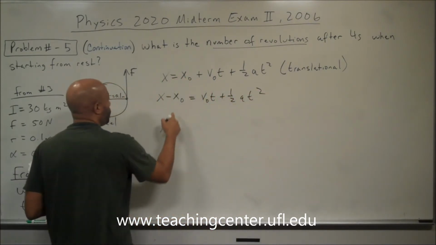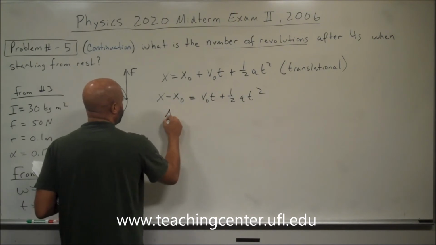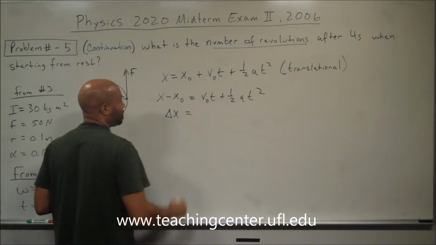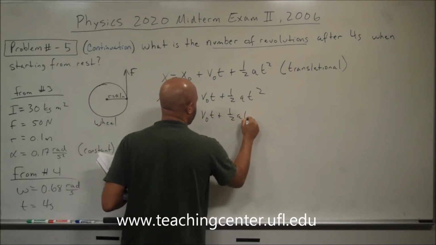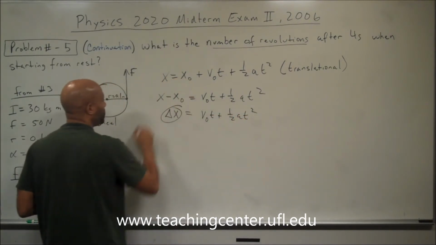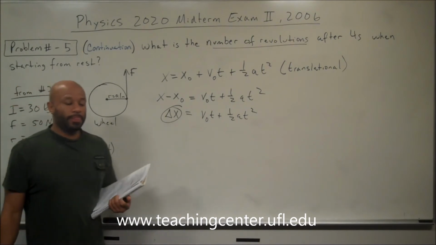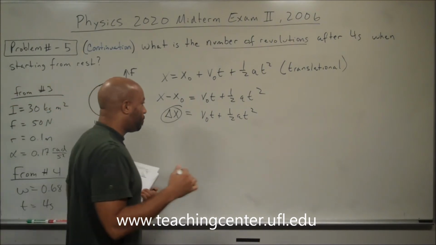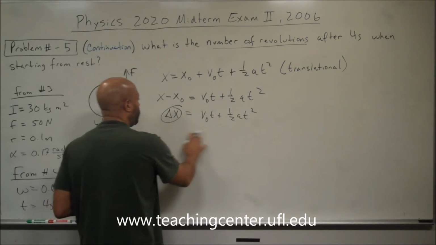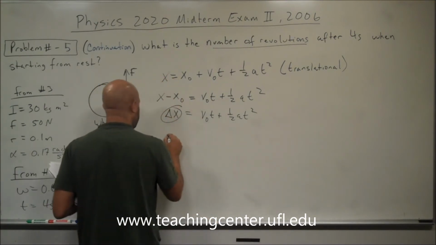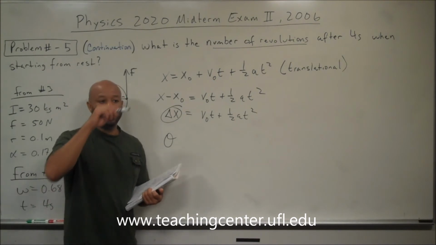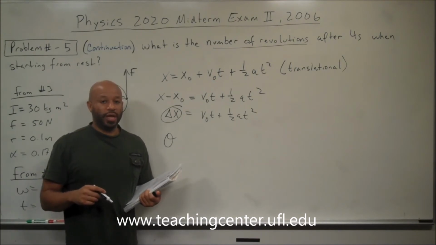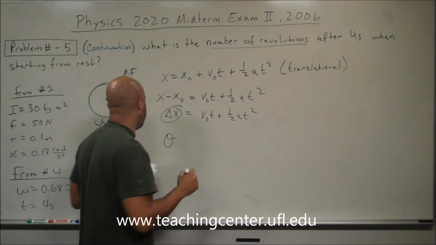x minus x sub 0, which we can define as delta x, and this is basically our distance. Now, in rotational motion, instead of distance, we're talking about the angle that we have traversed, and this angle is going to be in radians.